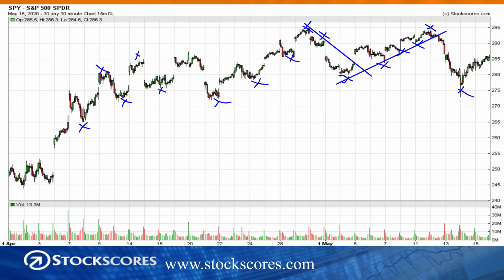What we like to look for are breaks of trend from either rising bottoms, rising inflection points, or falling tops, falling inflection points. So if we think about this past week, we had a little inflection point here and another one there, but notice that this was higher than this one. So that's a falling top. Then we had a breakdown of the upward trend line from a falling top, and that predicted the downward move.